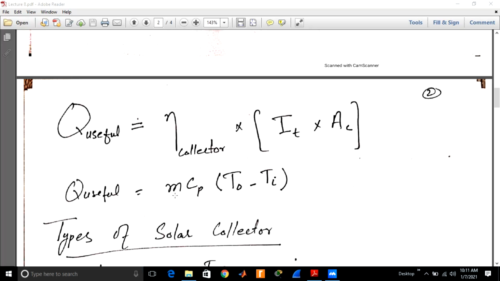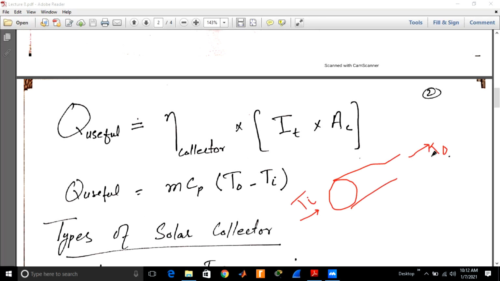And you can also calculate it through a second formula. For example, this is the riser tube. In the riser tube, this is the temperature inward, and this is the temperature outward.